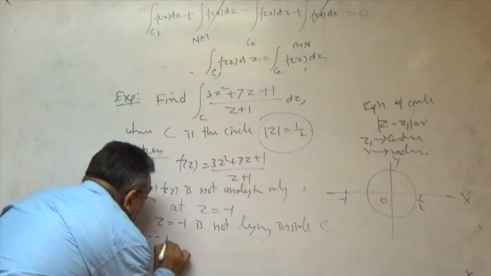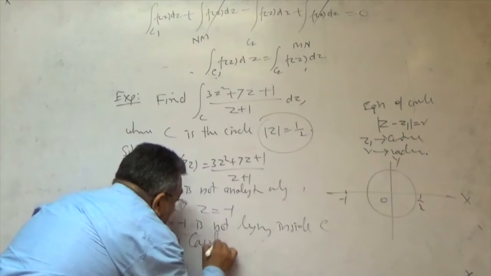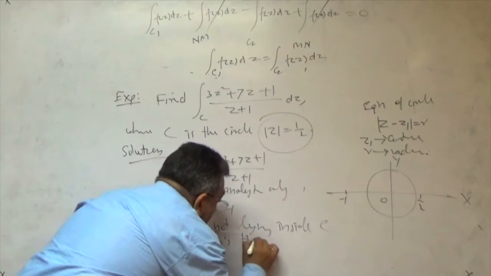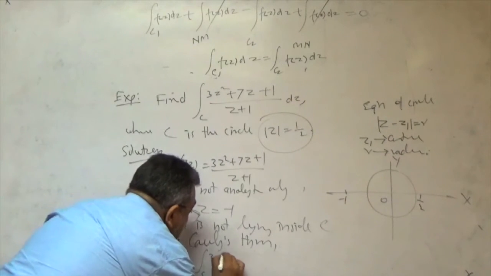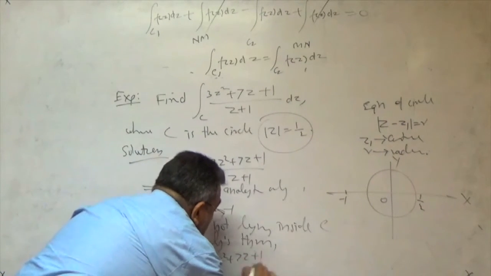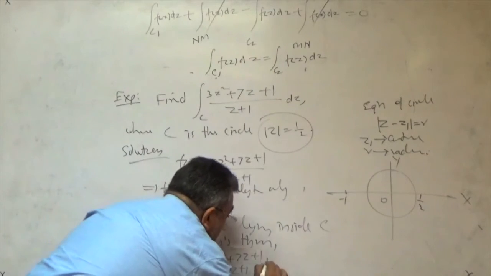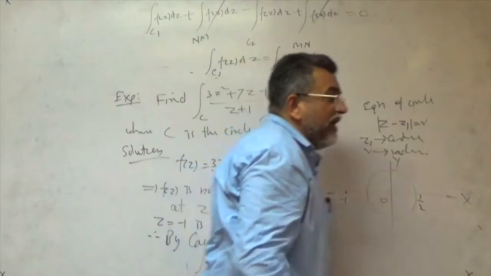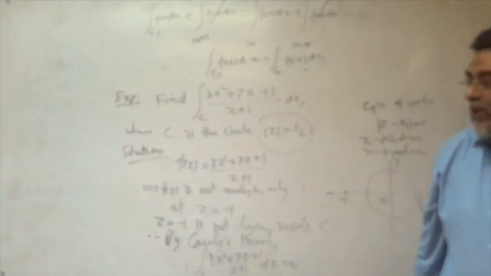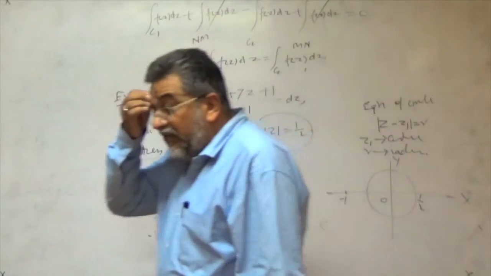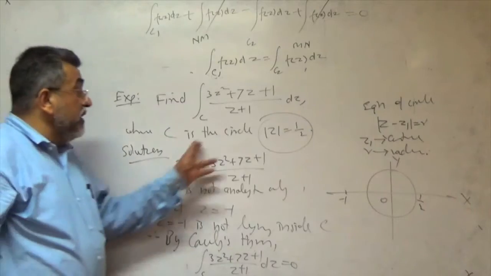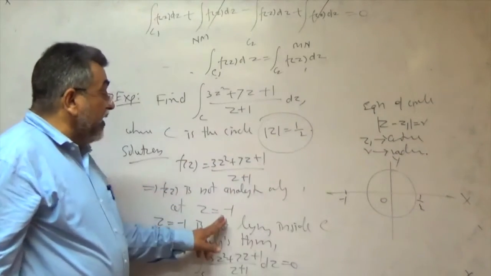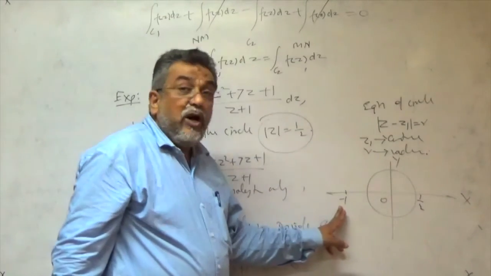So therefore, by Cauchy's theorem, the integral over C of (3z² + 7z + 1) upon (z + 1) dz is equal to 0. Directly you can write this without any calculation, because the given function is analytic in C. The function is not analytic only at z = −1, and that point is lying outside the circle.